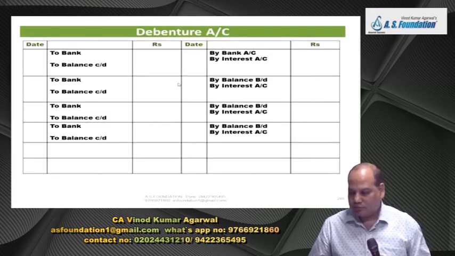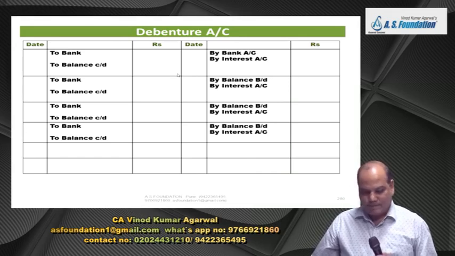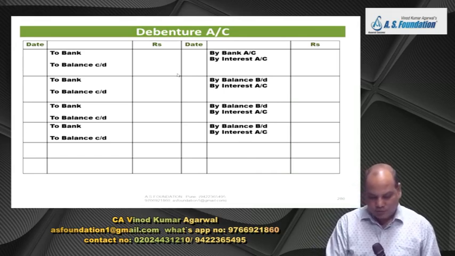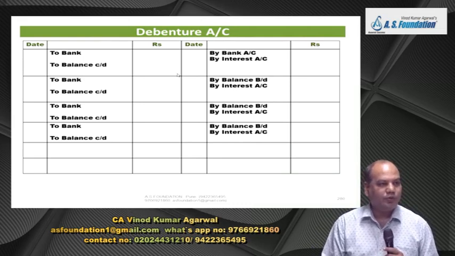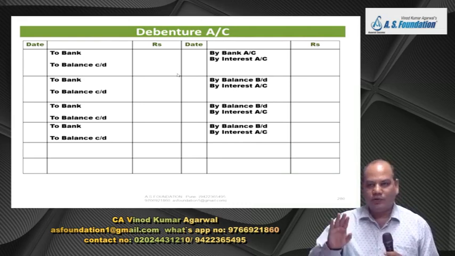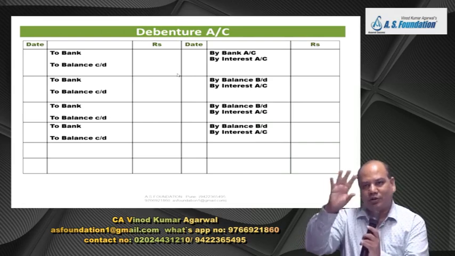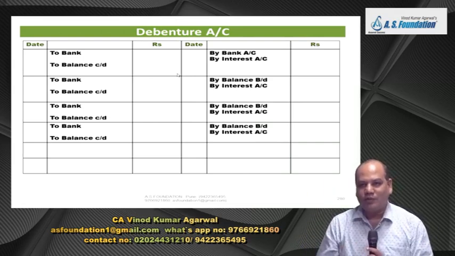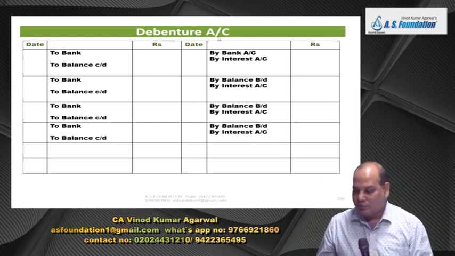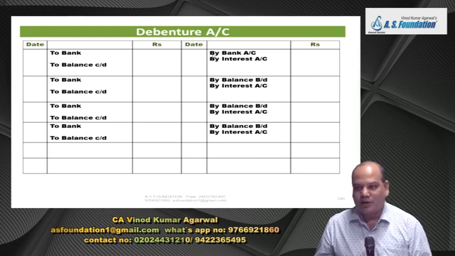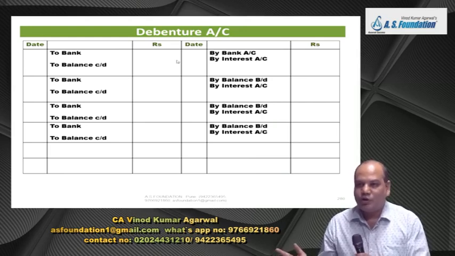debenture account. You have issued the debenture. Is it right? So actually this question is from the issuer's point of view, so it becomes a liability. Doesn't matter. For the investor, you just do the reverse calculation, reverse presentation. First I will show you how the entity which has issued the debenture will pass the entry, and then below this we will also pass the entry for how the investor will record.